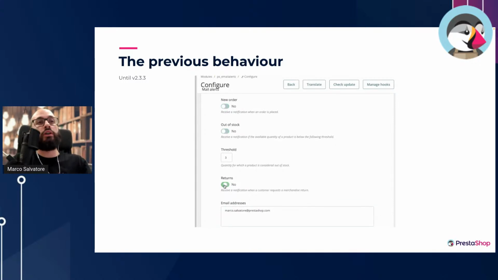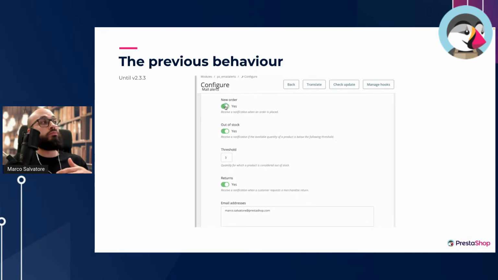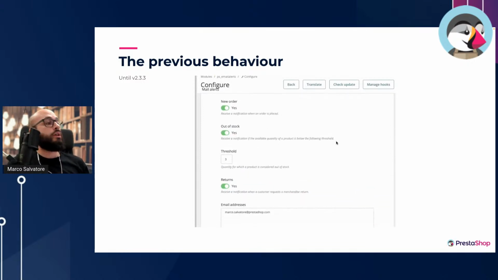For the new order, the module sends an email to each address. So for instance, I have different employees that will not receive the returns email or the out of stock email because they do not manage the stocks.